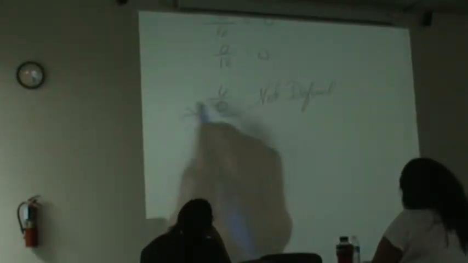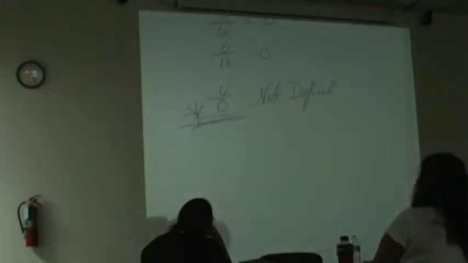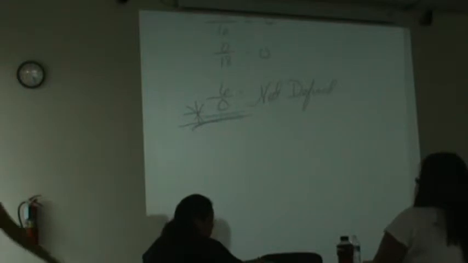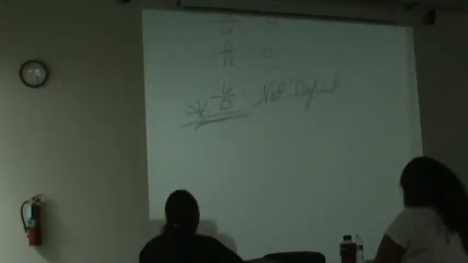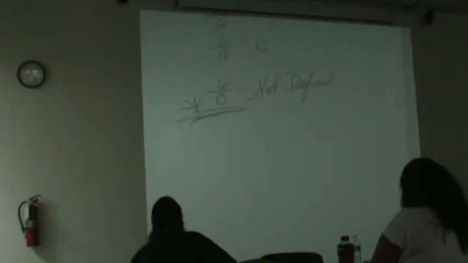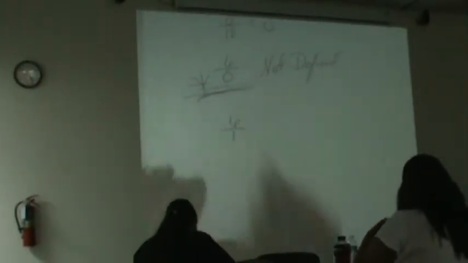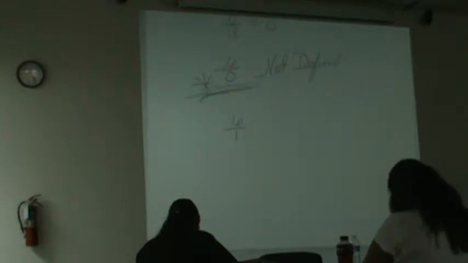So make sure you never, never, never divide by 0. Kind of like never, never, never shake a baby, okay? We'll come and throw you in jail if you start dividing by 0. And one other rule: anything that has a 1 on the bottom, anything divided by 1 is itself, that number.